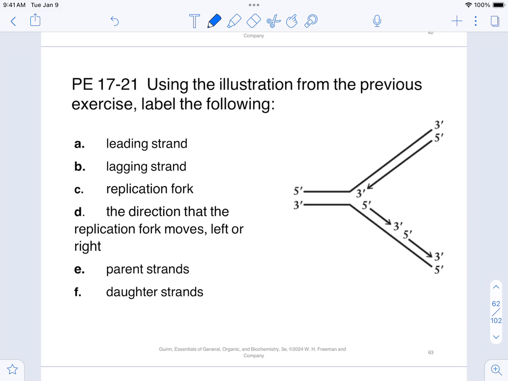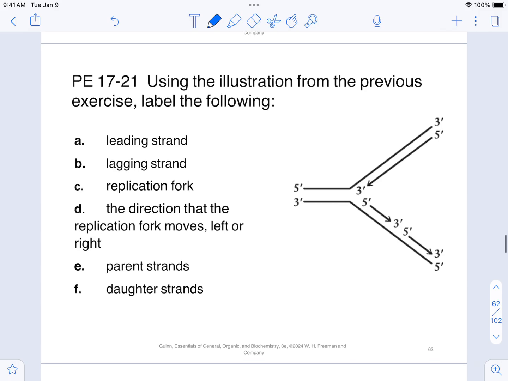Using the illustration from the previous exercise, label the following. Our leading strand, we know, is right there. Our lagging strand would be those two.